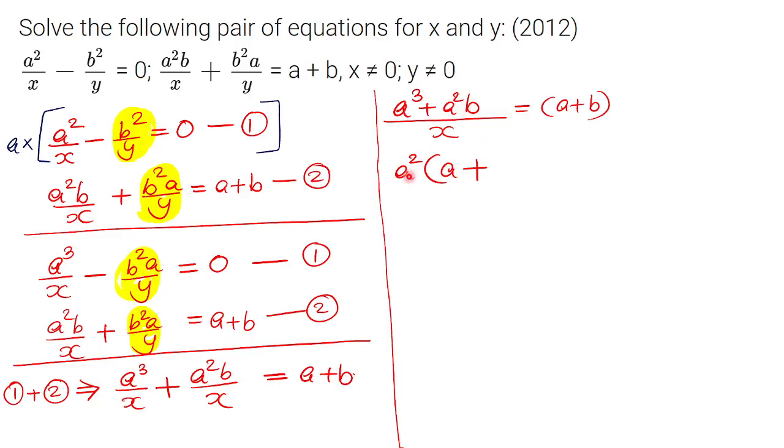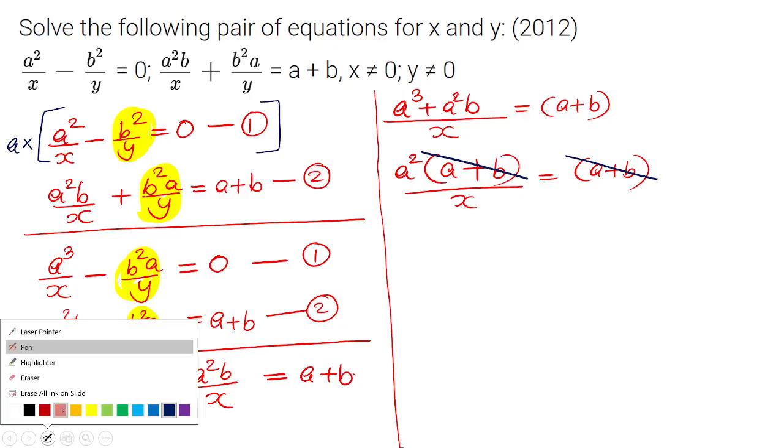From a square b, a square is taken out, b is left. So a square into a plus b, over x, equal to a plus b. If the same terms are there in the left and right, you can cancel them.